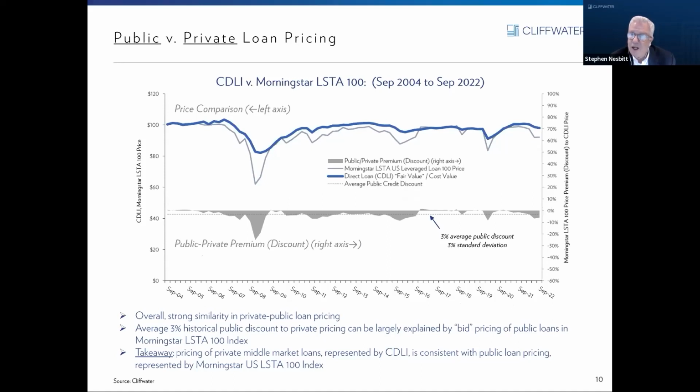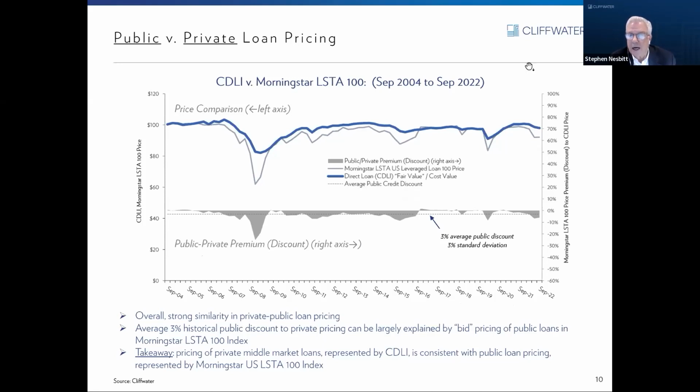I'll talk about that. But these are effective 3-year loans. Okay, they're senior secured. They're floating rate. Those three factors basically ensure that pricing is not going to deviate too much from 100.